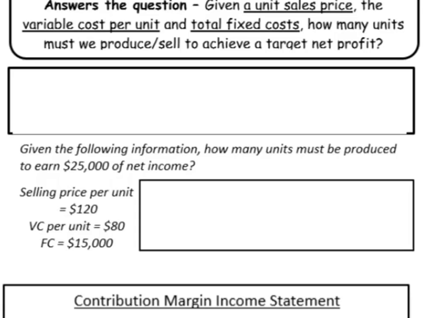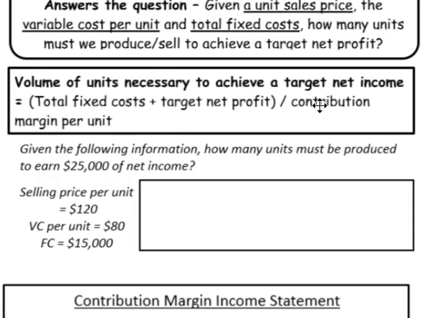So we can calculate what our target net income would be at a given amount of sales, or rather a given amount of units that would have to be produced in order to earn our target net income. So let's take a look at the formula.